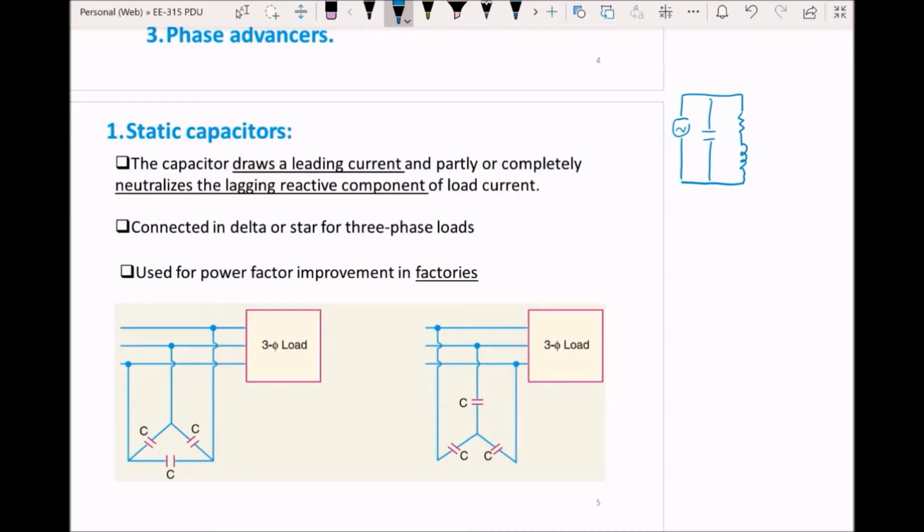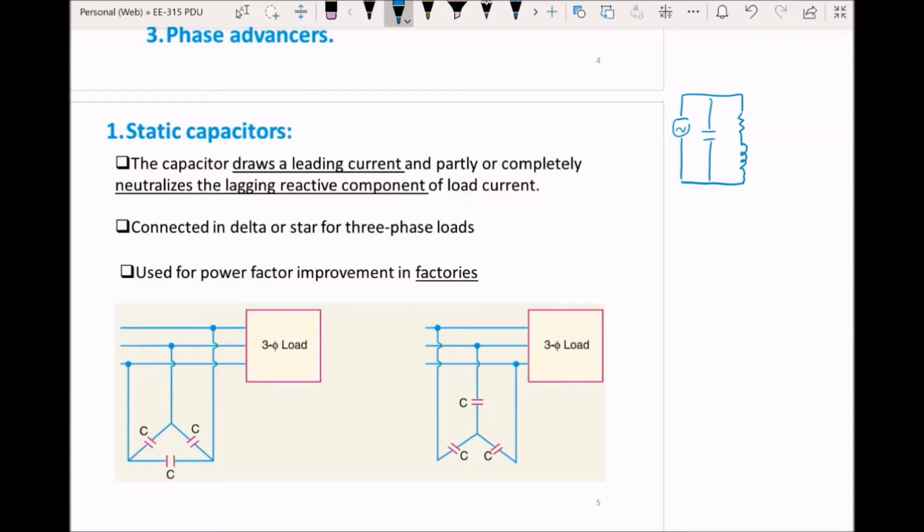And this capacitor, in this case, will draw leading current and will try to neutralize the already lagging current. We saw that already in the previous lecture. In the previous lecture, we also computed an expression for total reactive power after the power factor correction.